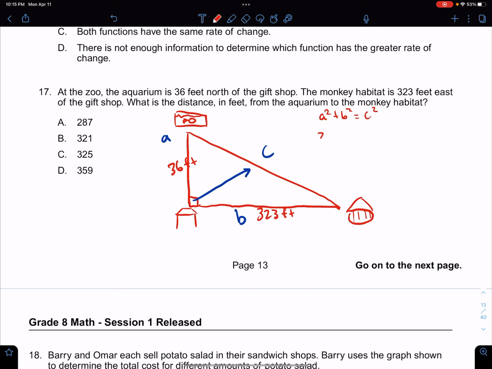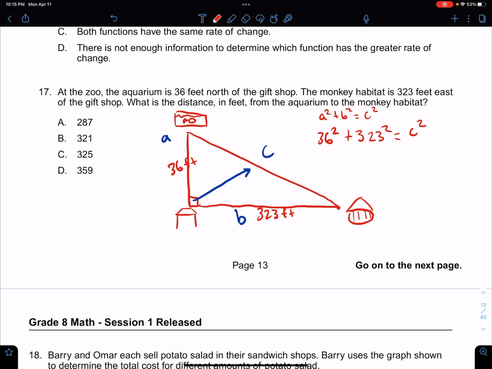So 36 squared plus 323 squared is equal to C squared. I'm going to do this with you, so make sure you put this in your calculator with me. I'll give you a second to get those out.